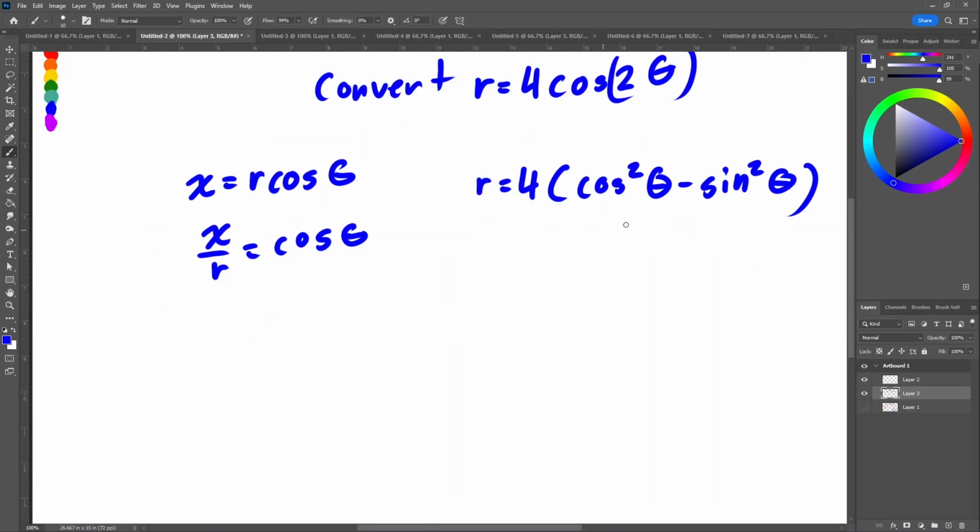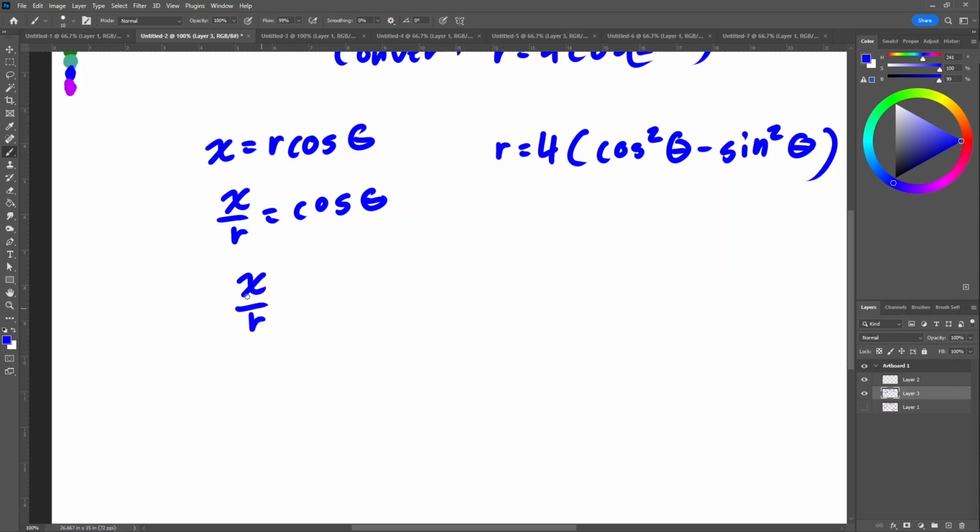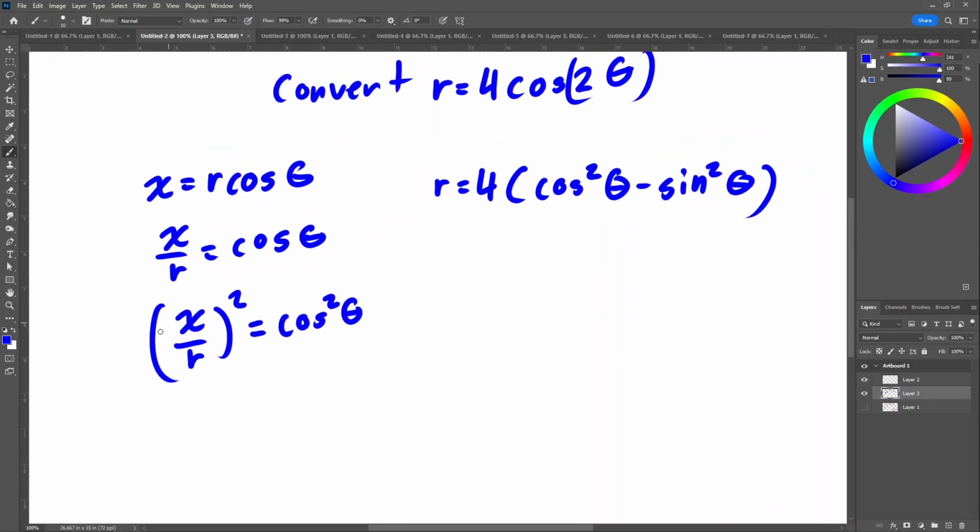And then we can make it mirror what we want even more, getting x squared over r squared is equal to cosine squared theta. So now that we have that, we can substitute that in. r is equal to 4 times x squared over r squared minus, and the same principle applies to sine squared, y squared over r squared.